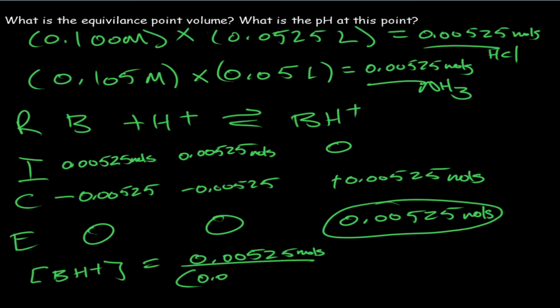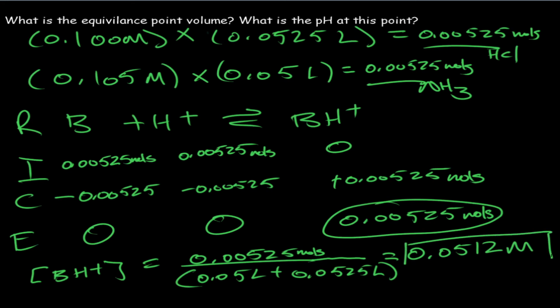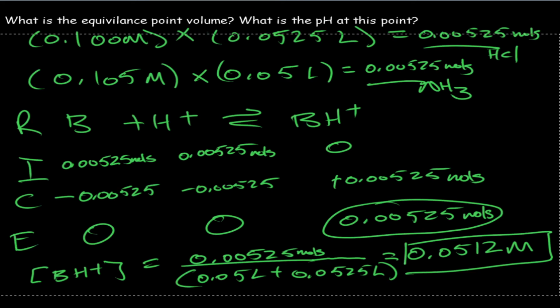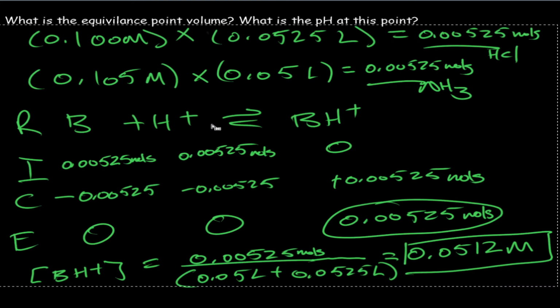So our solution initially had 0.05 liters, and we just added 0.0525 liters of HCl. So our new molarity would be 0.0512 molar of BH plus.